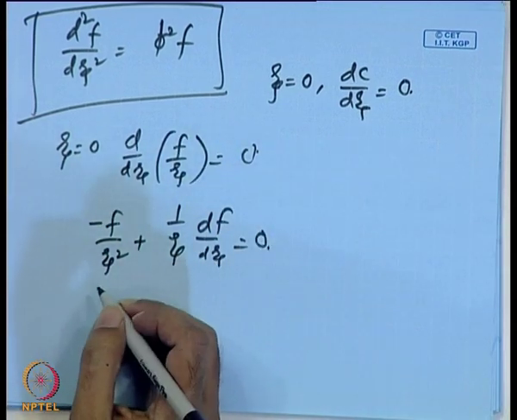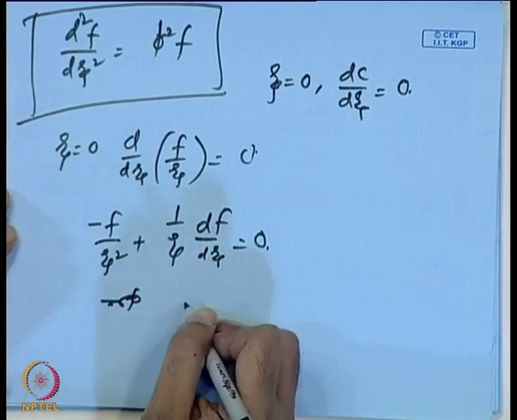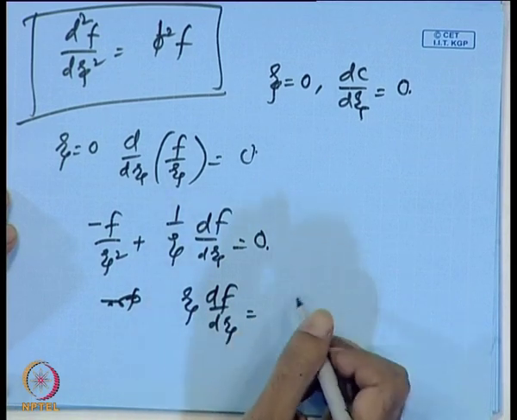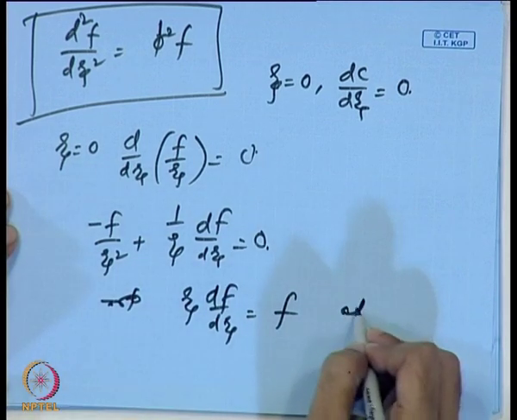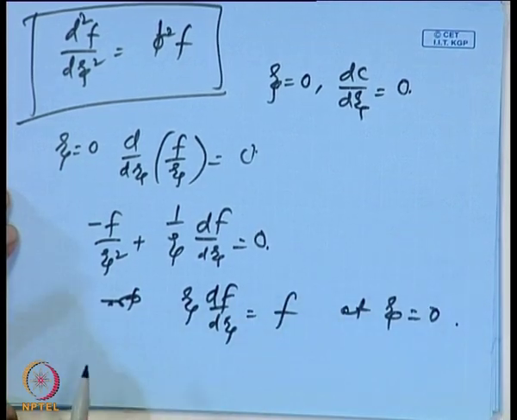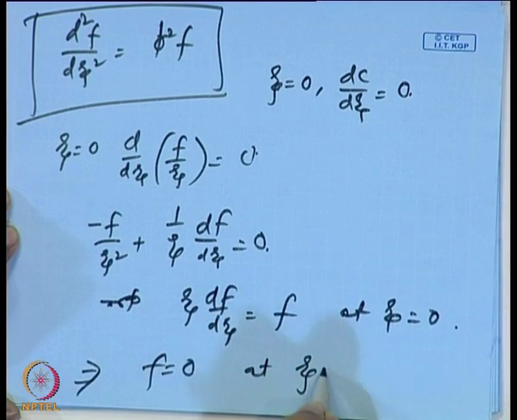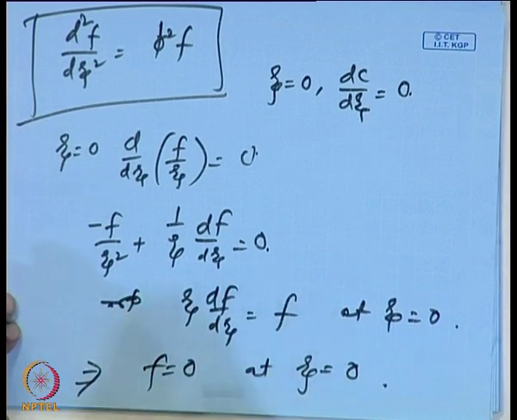Fine. Multiply all through by psi square, you will get minus f plus psi times del f del psi equals 0. This is the boundary condition, which means that f equals 0 at psi equals 0. Done.